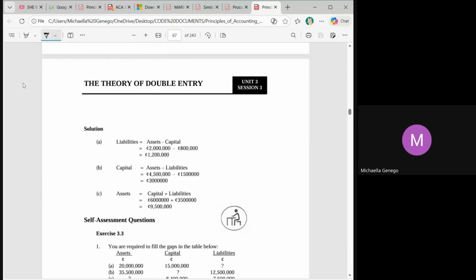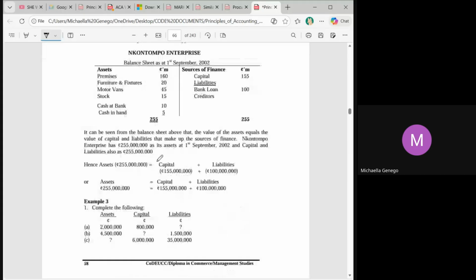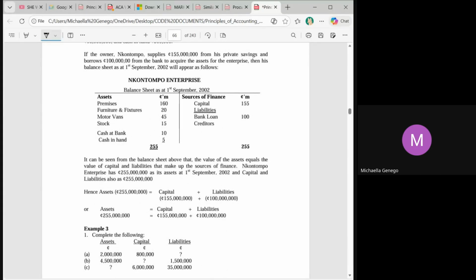So, there is an example here. You see, we can use this concept for the accounting equation, which we use in the statements of financial position.